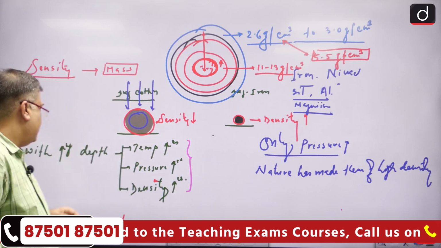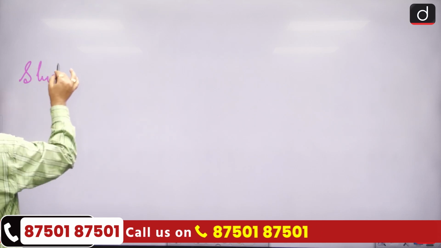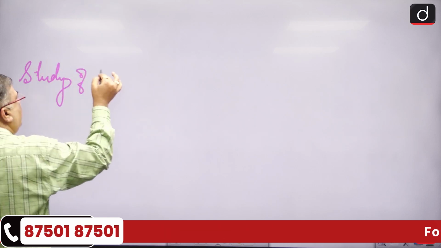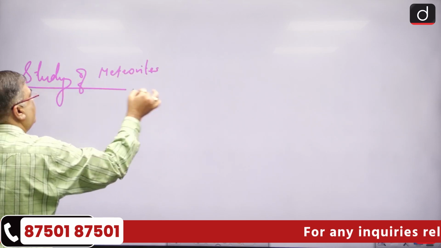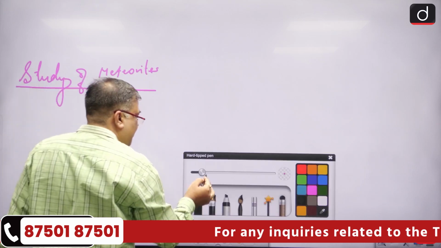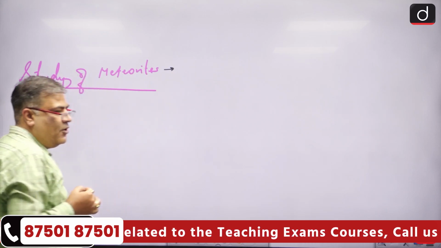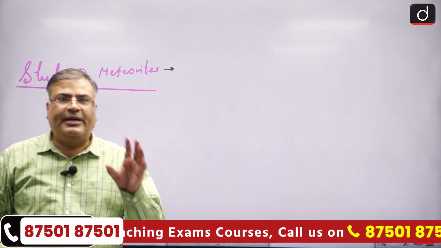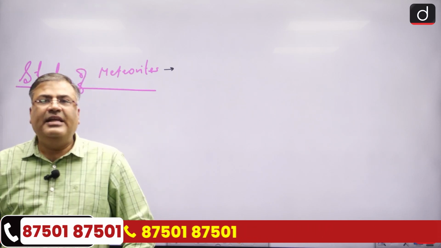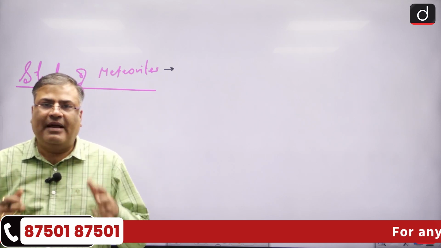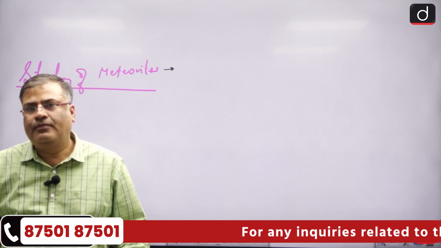And this other option is a study of meteorites. As we know, meteorites are those objects which enter into the Earth's atmosphere from time to time, because these are near-Earth objects which enter due to the Earth's gravity, and the majority of them are completely burnt.